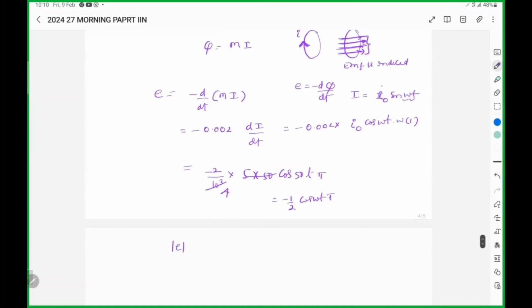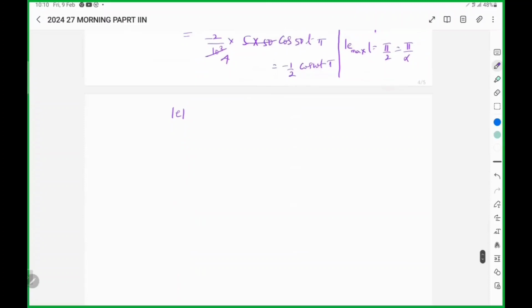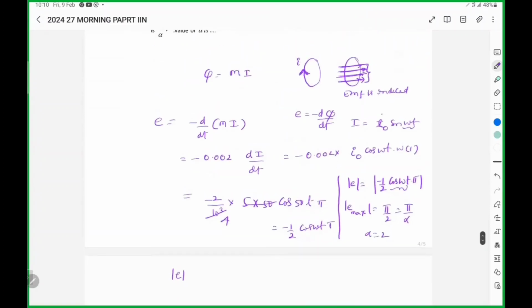So maximum EMF will be, first of all, E maximum, where cos maximum is 1, which is pi by alpha, and alpha is asked, so alpha is 2.